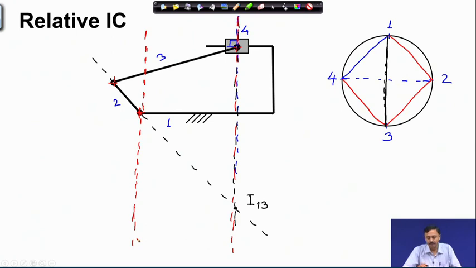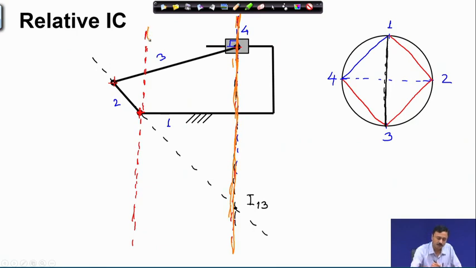So, what I have drawn is a line through I 1 2 to meet I 1 4. Now, I 1 4 is at infinity, and as I have said, I 1 4 lies at infinity on this line.